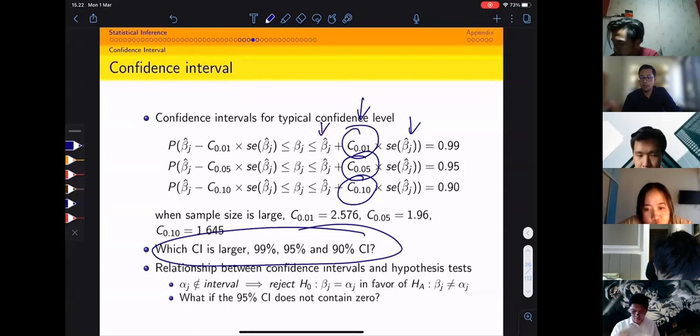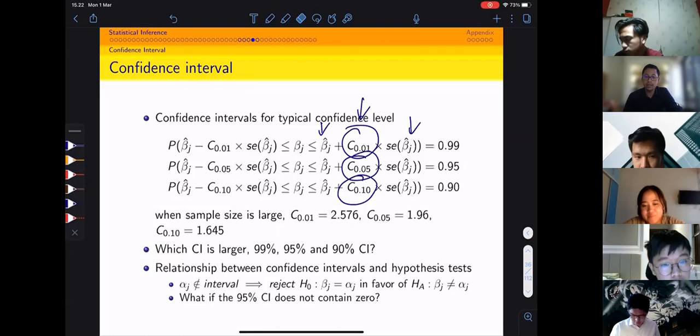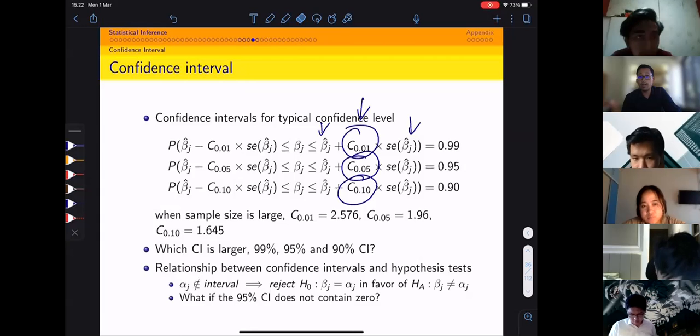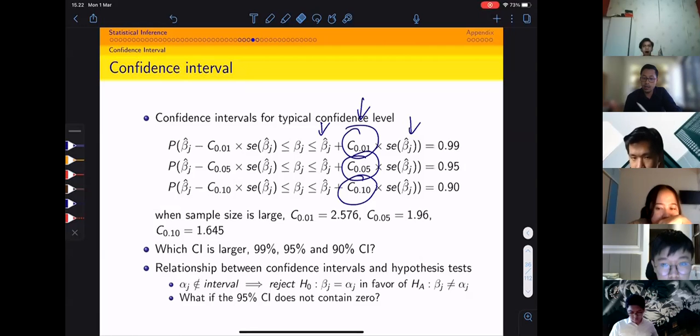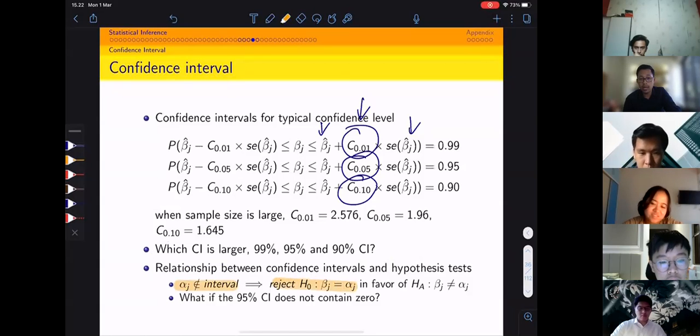Okay. All right. So at the end of the day, we've been discussing inference, and what does the confidence interval have to do with inference? I also like to use the confidence interval to do hypothesis testing. Basically, if the hypothesized value is not in the interval, it means that you reject the null hypothesis in favor of the alternative hypothesis.